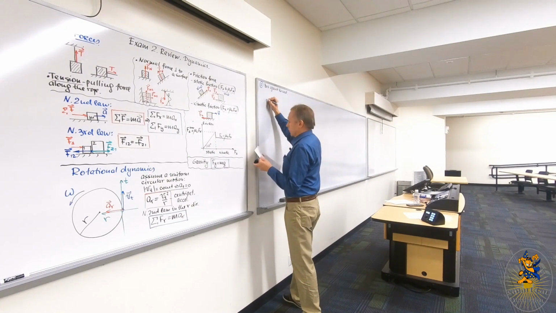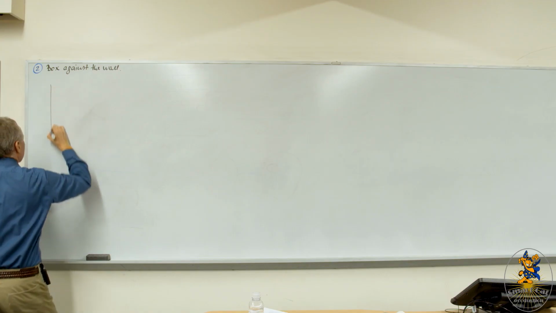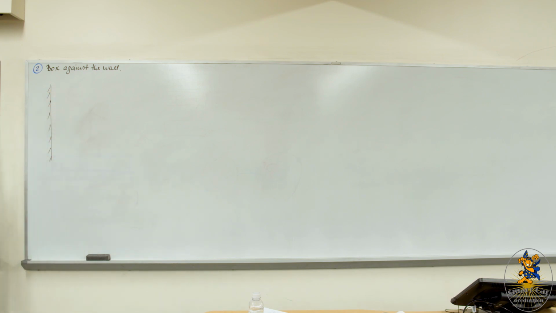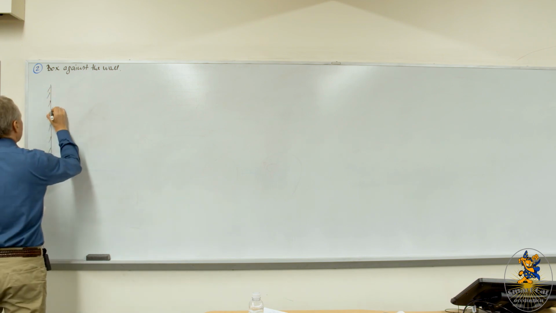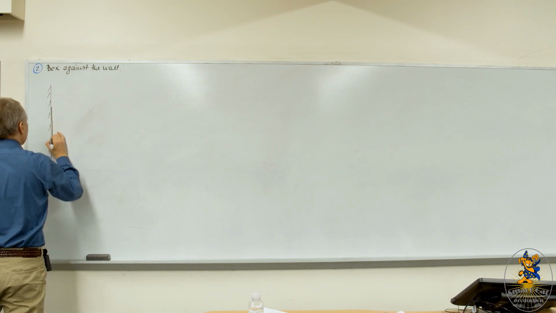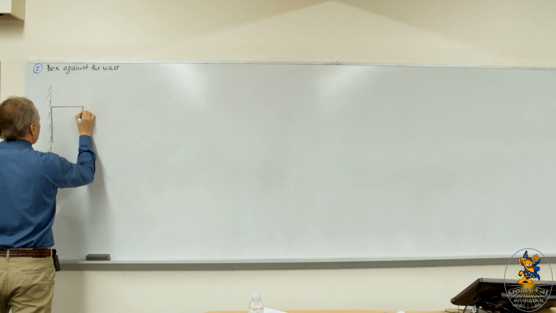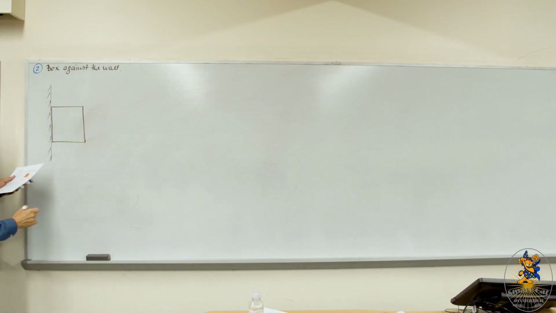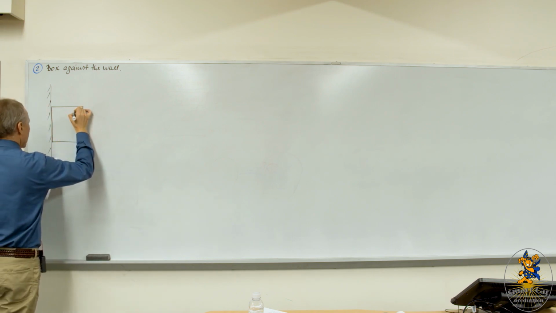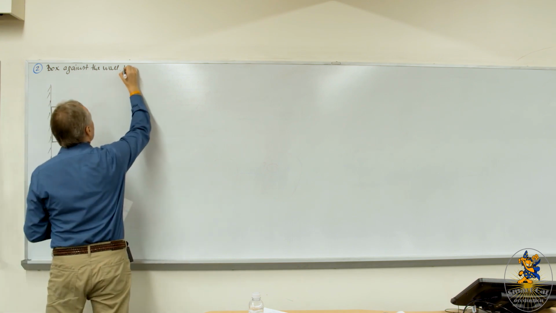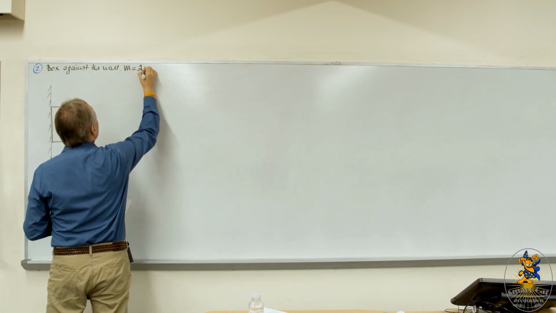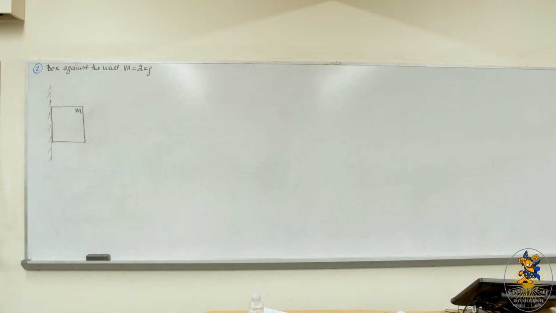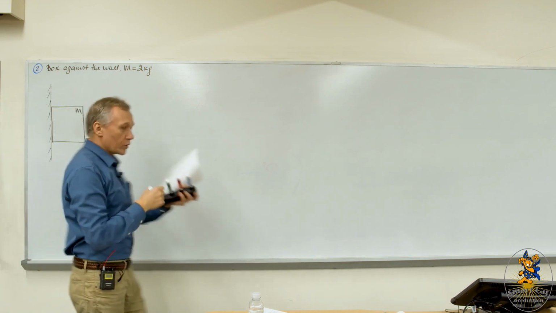So first the wall. Then the box. Mass is given: 2 kilograms, 2 sig figs. Then there is an external force applied.